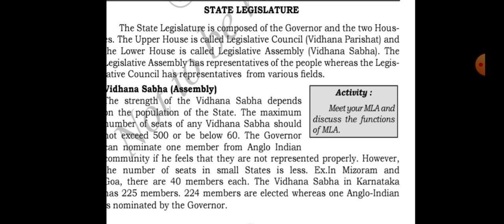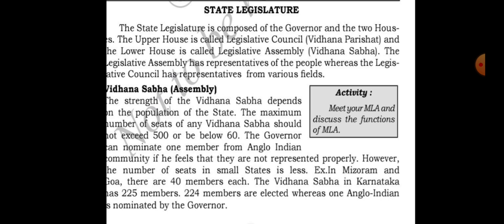However, the number of seats in small states is less, though we have said 60 is the minimum. For example, in Mizoram and in Goa, it is not 60. There are only 40 members. Whereas if we concentrate on our Karnataka, our Vidhana Sabha comprises 225 members.